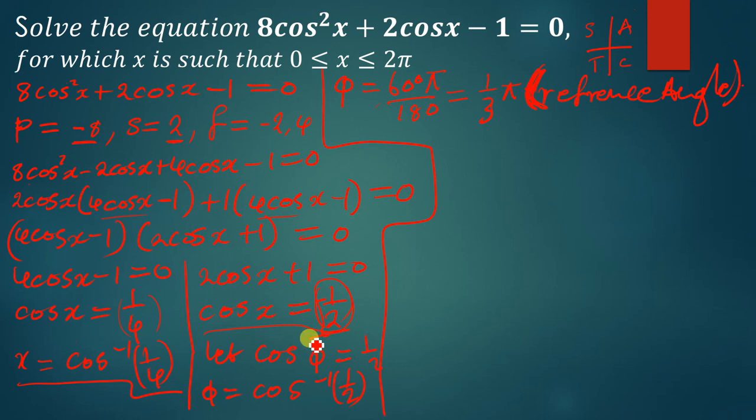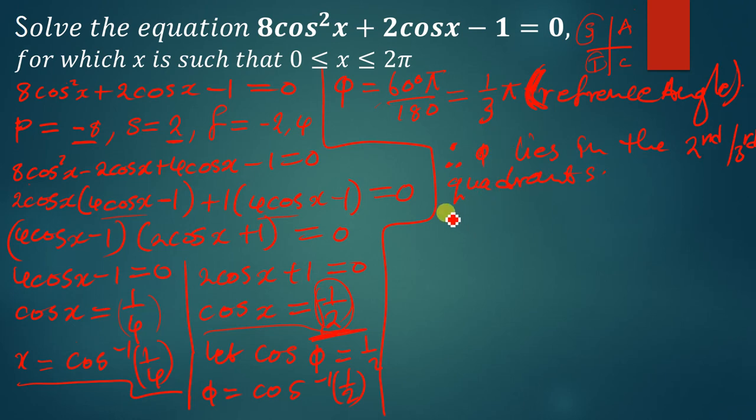So cos is negative in the second and third quadrants. Therefore, phi lies in the second and third quadrants.